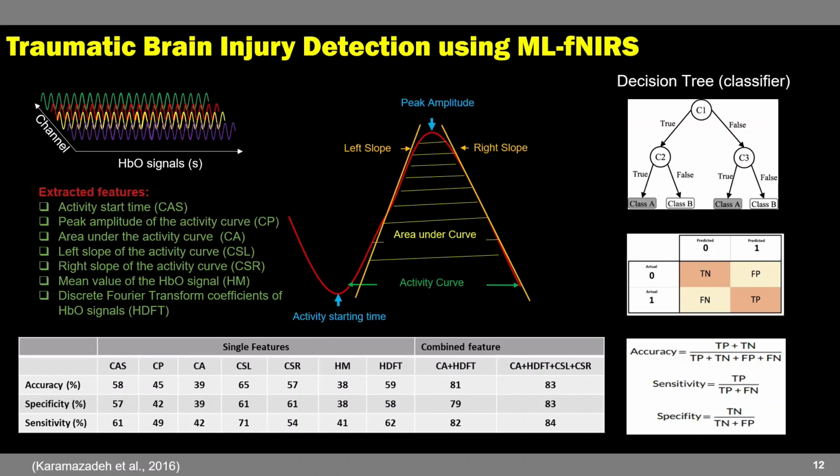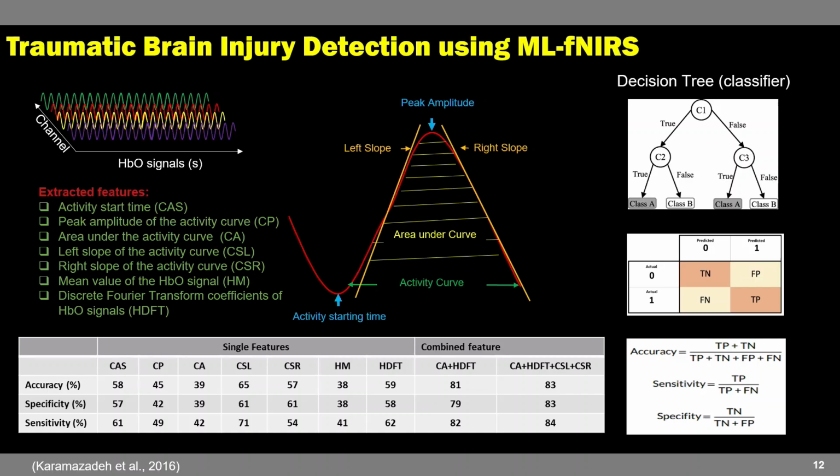They also combine the different features to do the analysis. So they are not dependent on only one feature; they combine different features and you see the accuracy is increased. And you may also notice that we don't know which kind of feature we should use, because we are not sure which feature will work well.